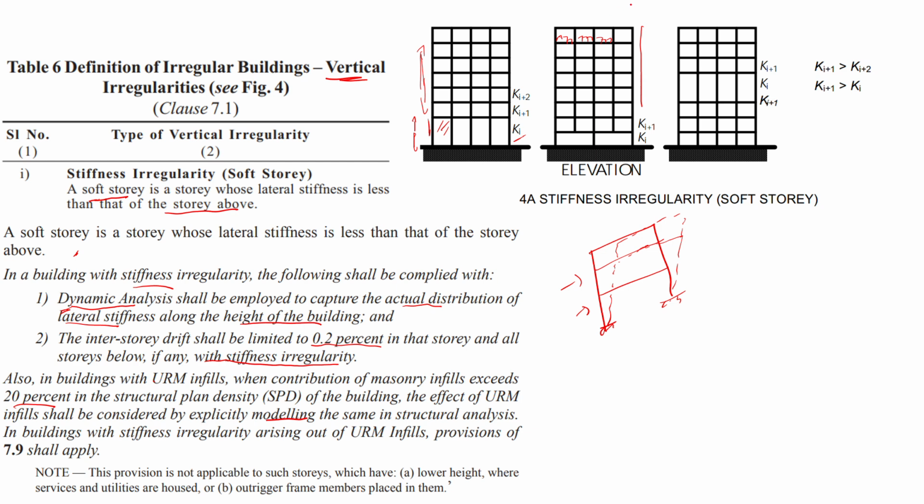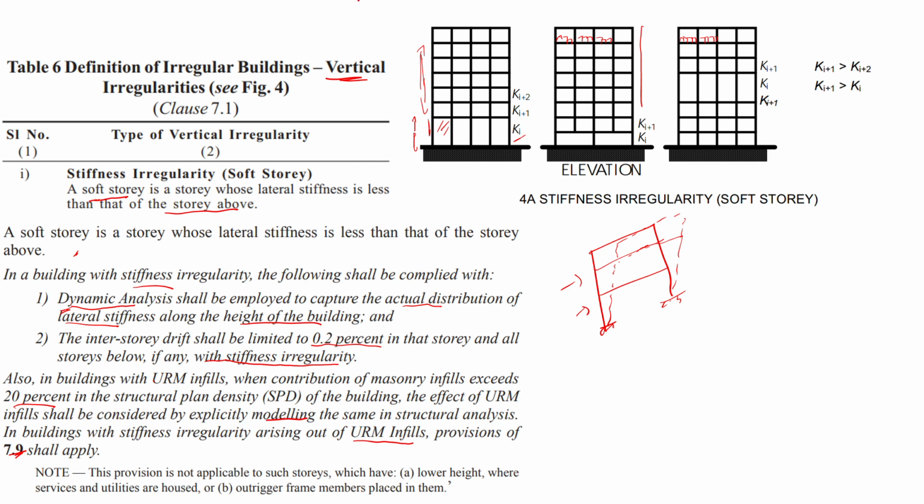That means we need to model these walls also. That is what they are trying to tell. In a building with stiffness irregularity arising out of URM infills, provision 7.9 shall be applied. This is how it works.